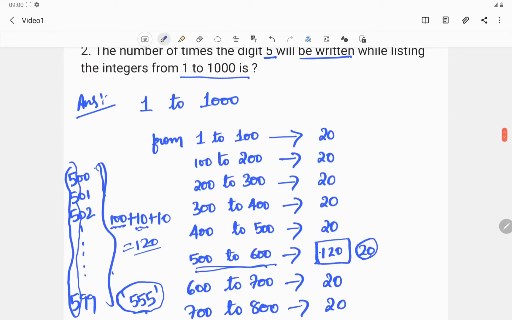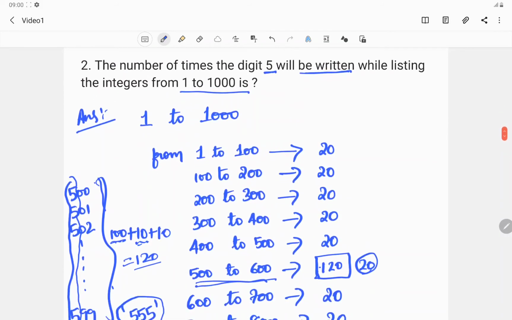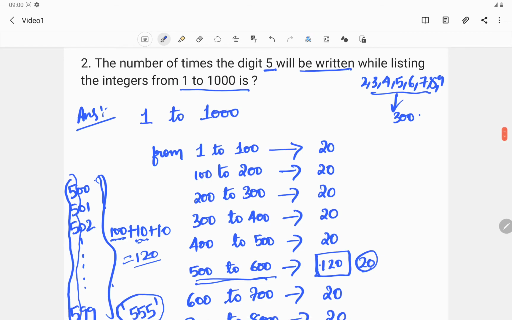Now, if somebody asks you how many times digit 7 will appear, it will be the same. How many times digit 1 will appear, digit 2, 3, 4, 5, 6, 7, 8 and 9, everything will be 300. Now ask yourself another question.